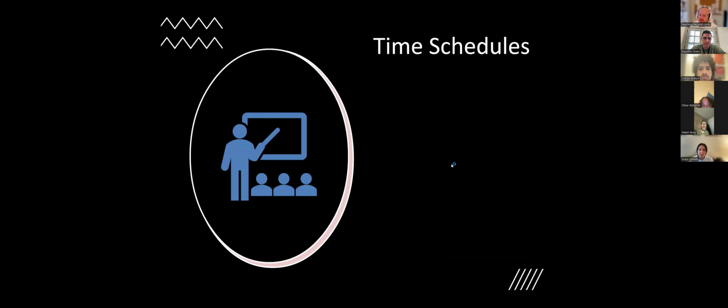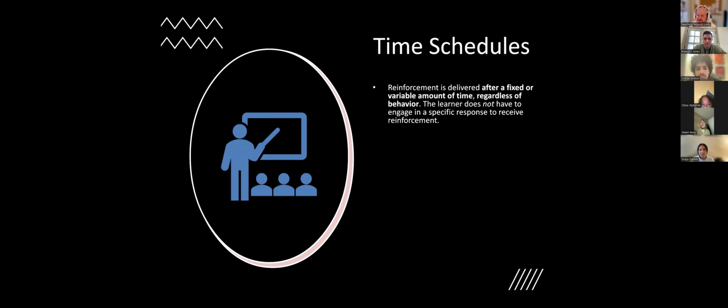Okay, the final schedules we're going to take a look at are time-based schedules. And Brandon mentioned these earlier. These time-based schedules are very important, and they are more of an antecedent strategy. Throughout the day, before behaviors occur, we're going to think about using these time-based schedules. Time-based schedules means we're going to deliver reinforcement after a fixed or variable amount of time, regardless of behavior.